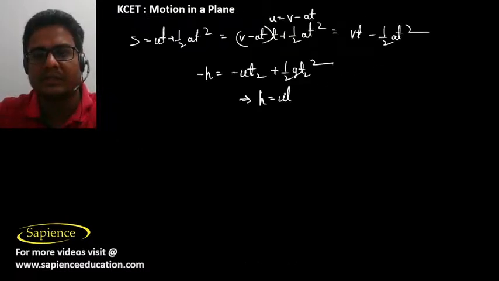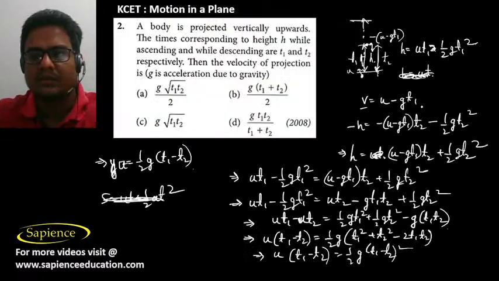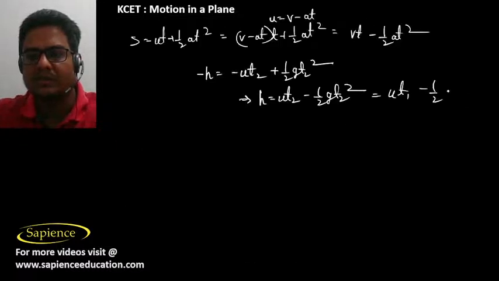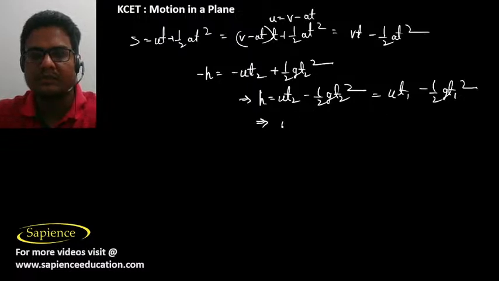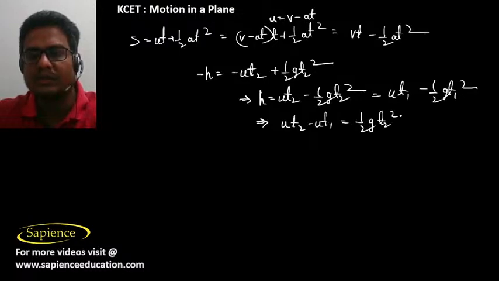So h you can say is ut2 minus half gt2 square, and that is also equal to ut1 minus half gt1 square. So therefore we can say that ut2 minus ut1 is equal to half g into t2 square minus half g into t1 square.